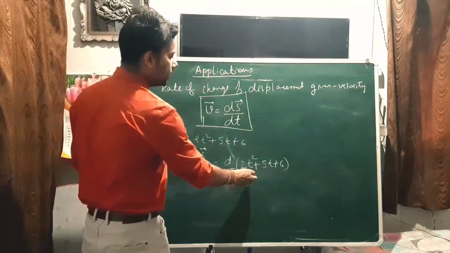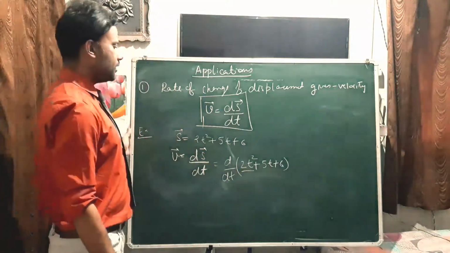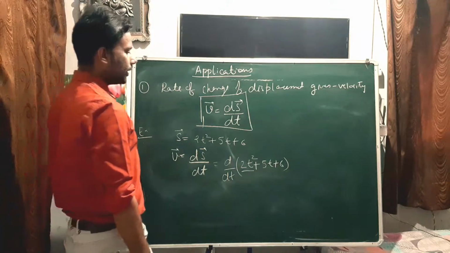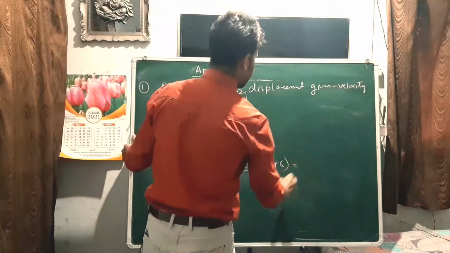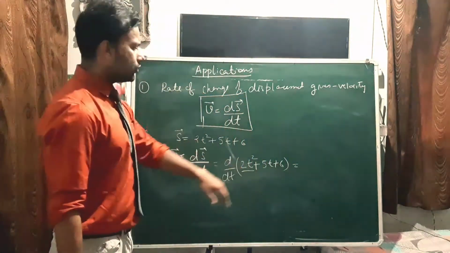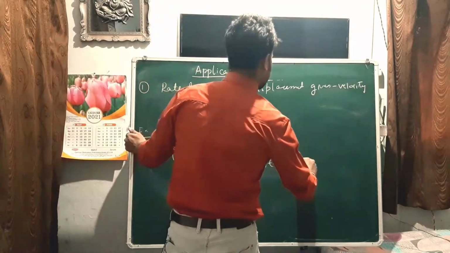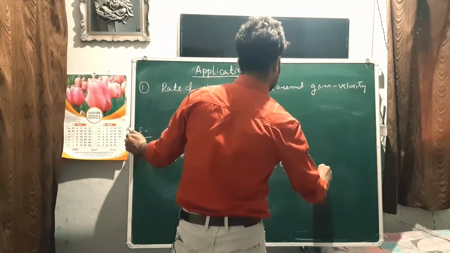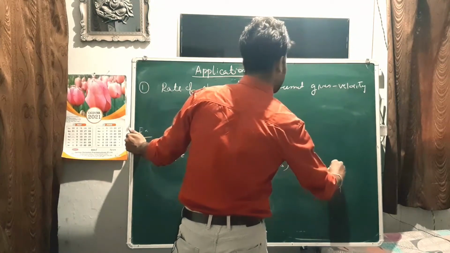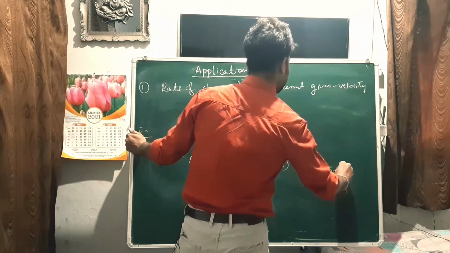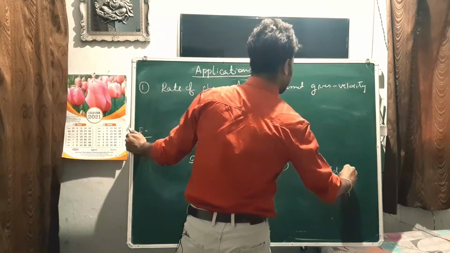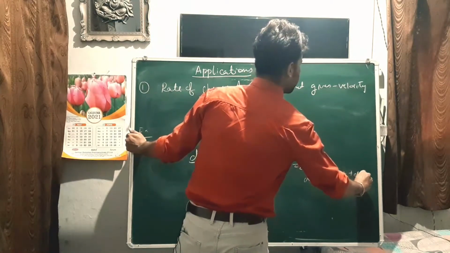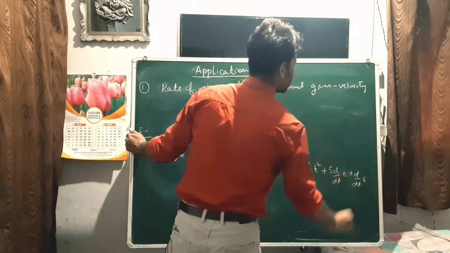So what will be the differentiation of 2t square? Can we write this equation as 2 d by dt of t square plus 5 d by dt of t plus d by dt of 6?